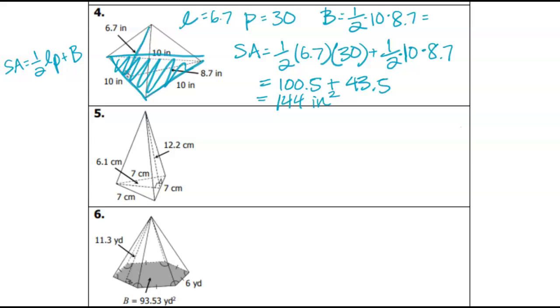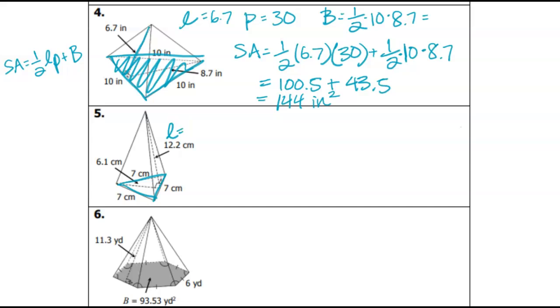All right, and like last time, I am going to leave number 5 for you. This is an example that really models what we just did in number 4. To help you out, we have our triangle down here. It looks like it is an equilateral triangle again, 7, 7, 7, and the height of my triangle is 6.1, and then I have my L slant height right here.